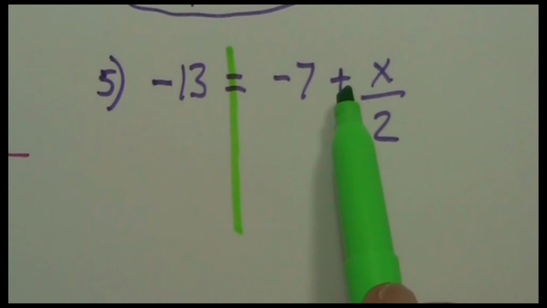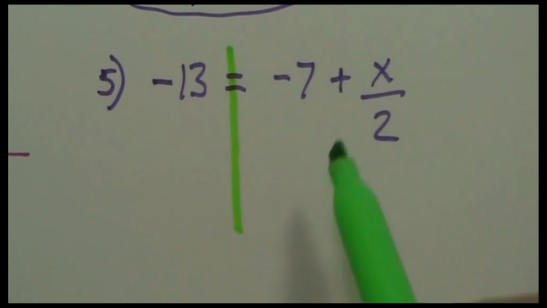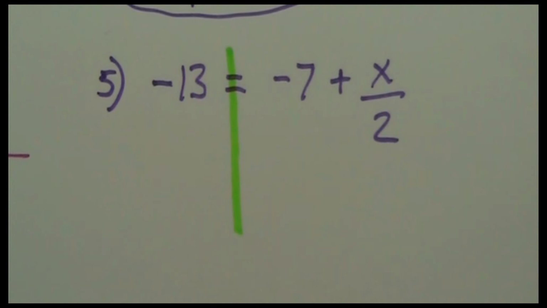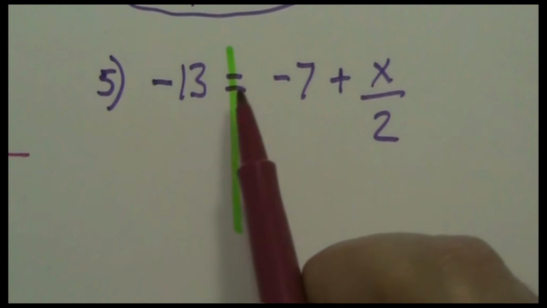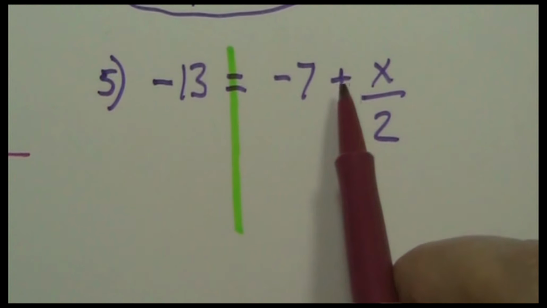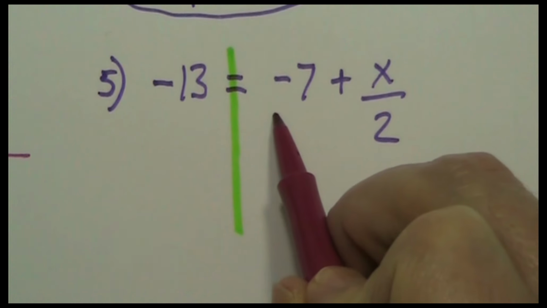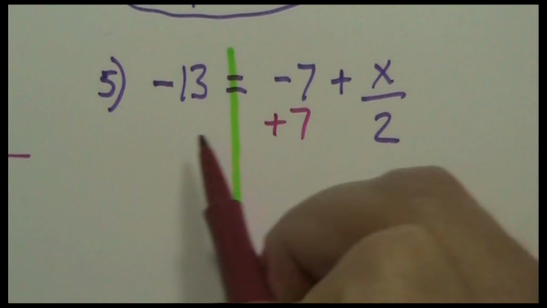So left and the right side. This is -7 plus x over 2. Okay, our first step is to get rid of the constant, but on this side, where the x is, we want the x by itself. So to get rid of -7, I add 7.